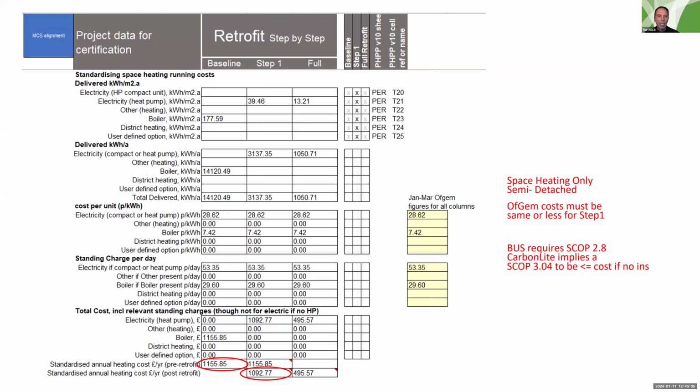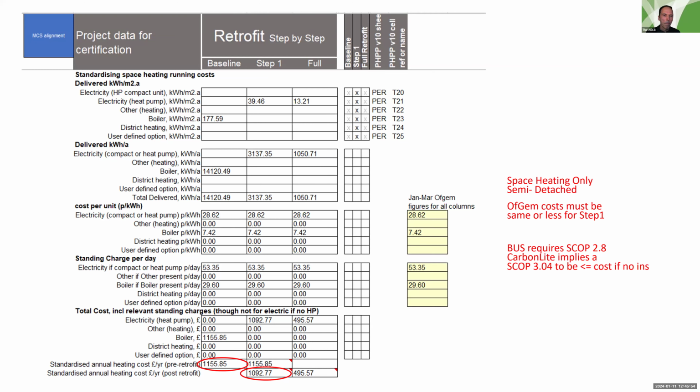I think there may need to be some discussion about whether the standing charge is included, or how much of it is included. That's a point I have to tweak within the next week or a few weeks, but essentially it's all done. That's how it works.